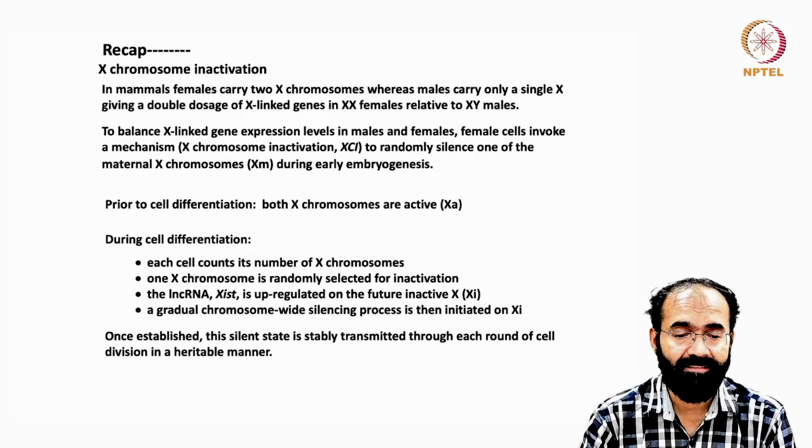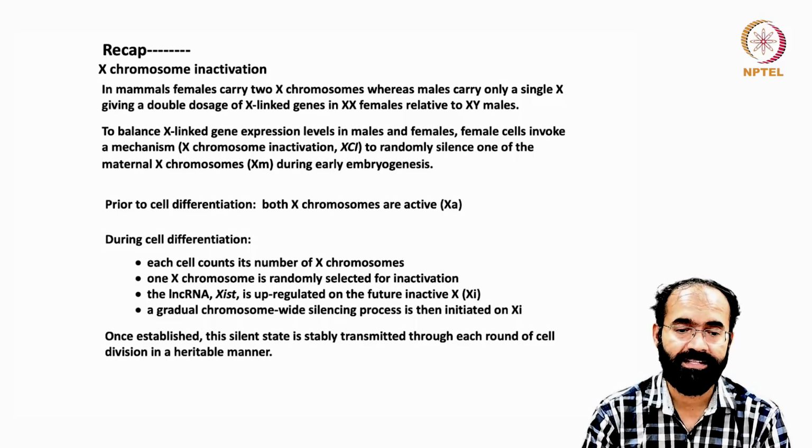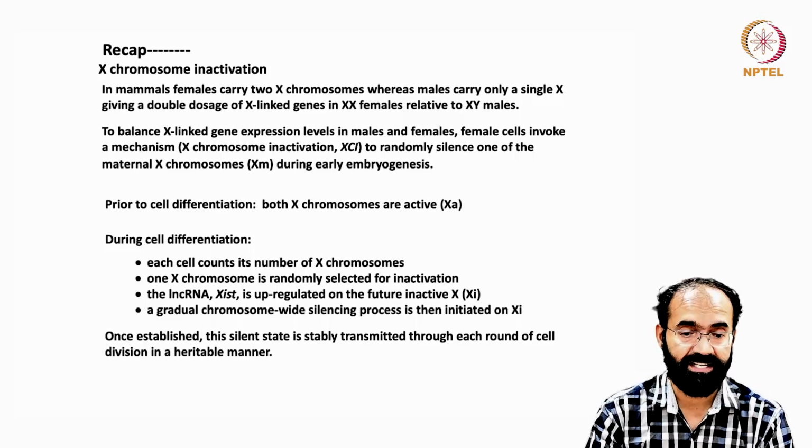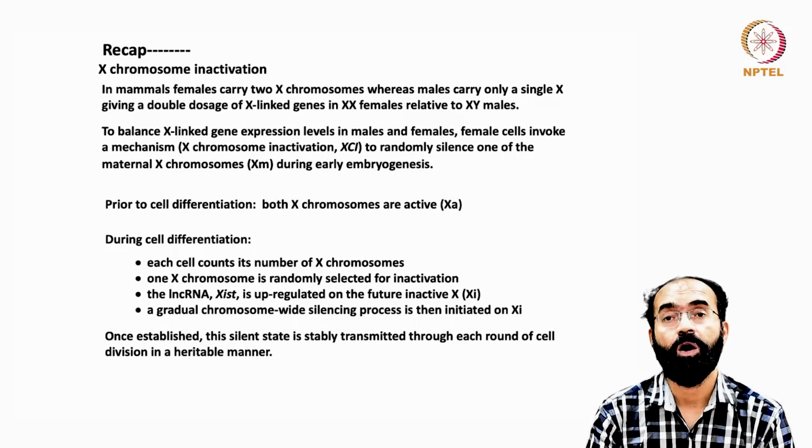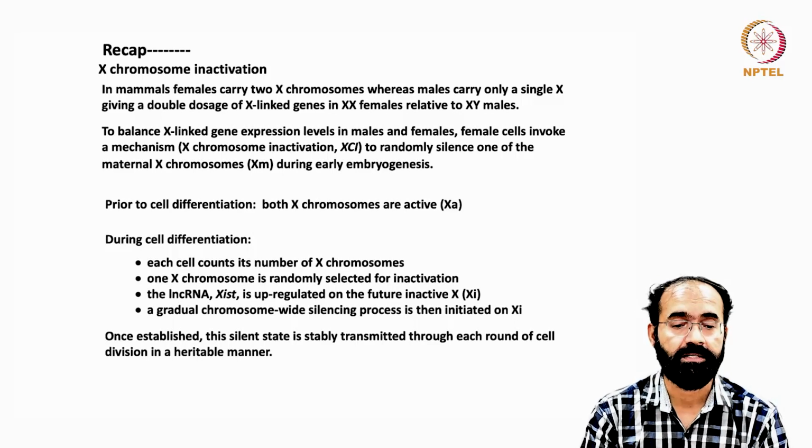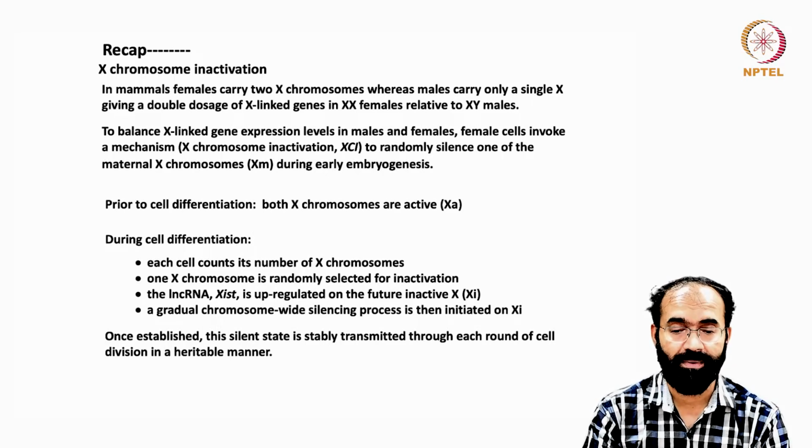So let us have a recap of what we have already seen. X chromosome inactivation. In mammals, the females carry 2 X chromosomes, whereas the males carry only a single X, giving a double dosage of X-linked genes in XX females relative to XY males. So this is the principle behind it.